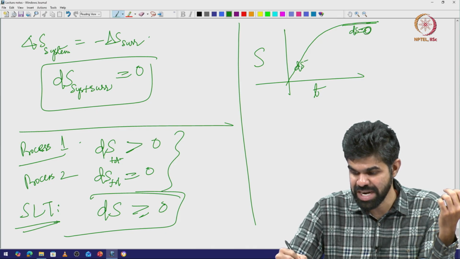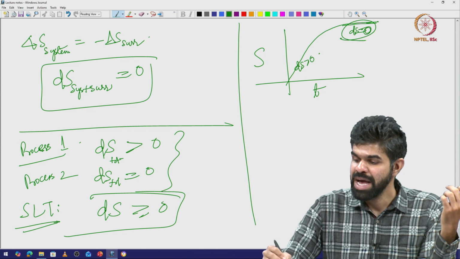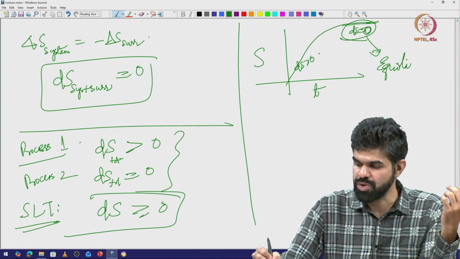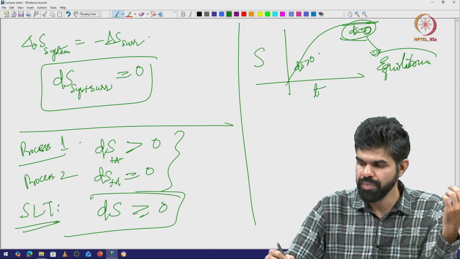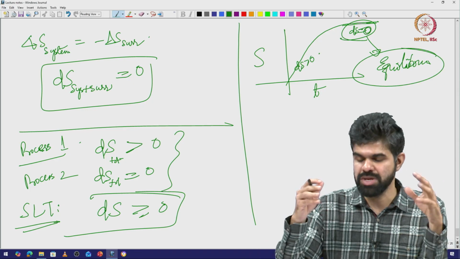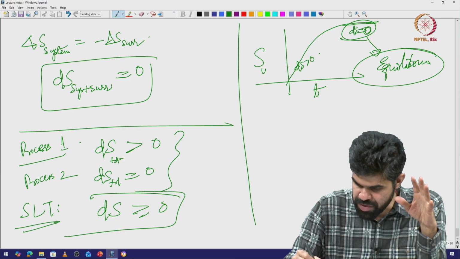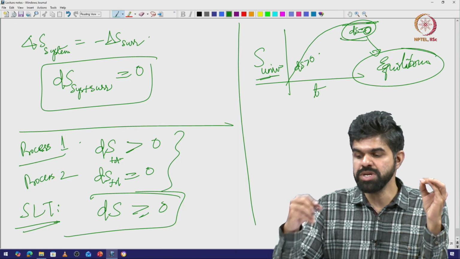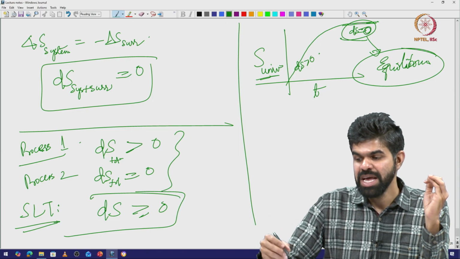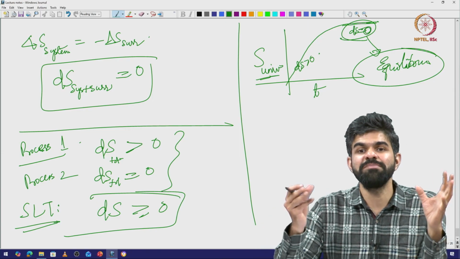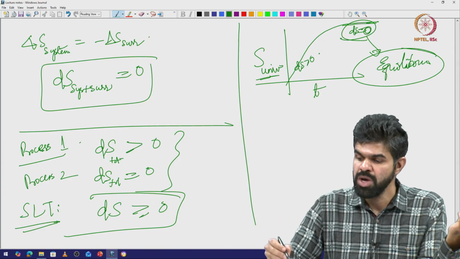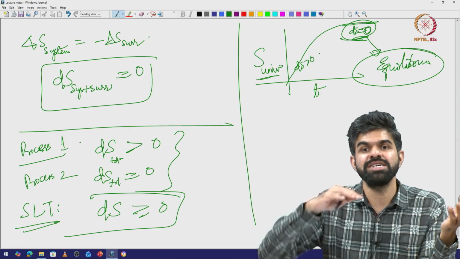So, here ds is greater than 0, then I define this is where the system has achieved its equilibrium with the surrounding, right, and sorry, this is for the universe, entropy of the universe, not the system per se. Entropy of the universe will always keep increasing, right, and the universe is in equilibrium, which means every system is in equilibrium with every surrounding in the universe only if this ds tends to 0, right.